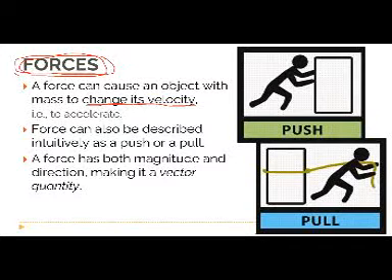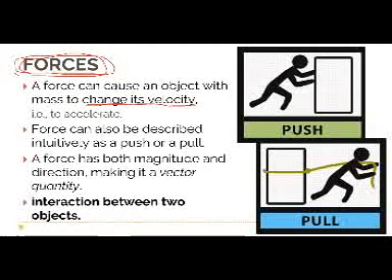So the simplest word could be the interaction between two or more objects. Force is an interaction between two or more objects. If you are pushing an object, there is an interaction between the object and the person pushing the object.